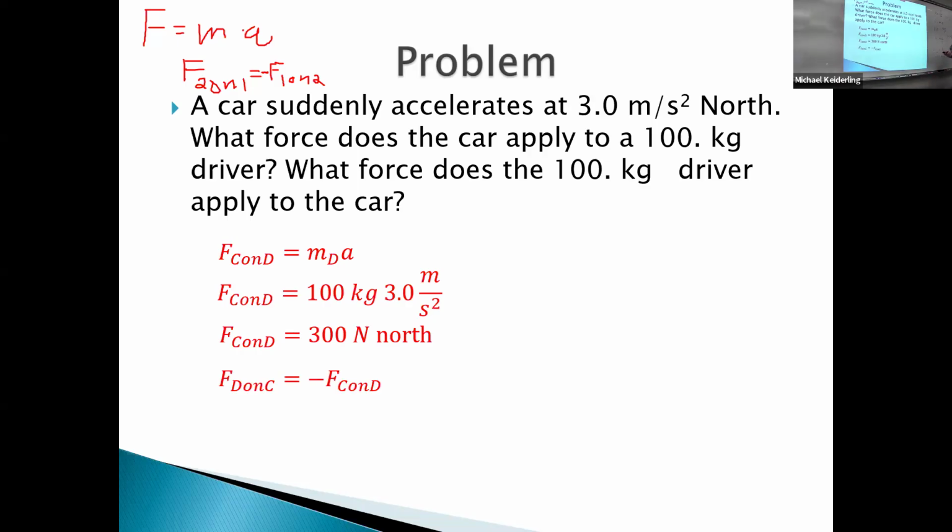The force of the driver on the car is minus the force of the car on the driver. So that'll be minus 300 newtons, so 300 newtons to the south. So if the car is pushing you forward with 300 newtons, you are pushing back on the car with 300.